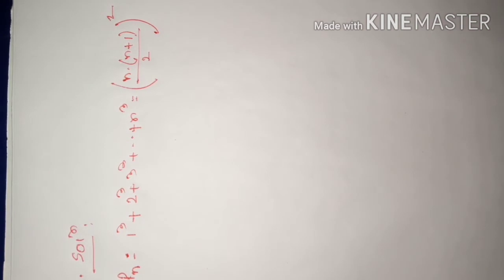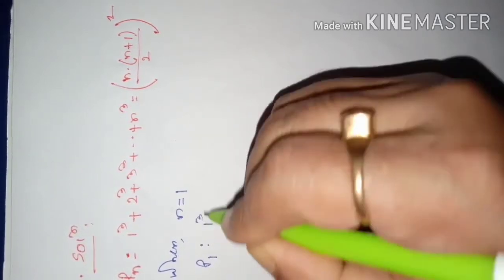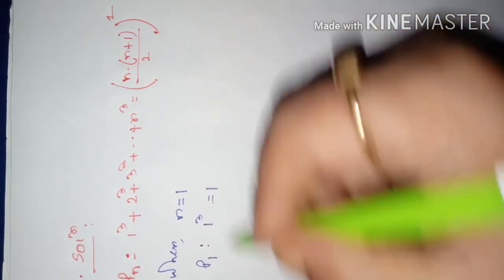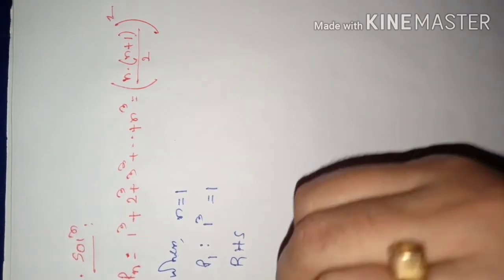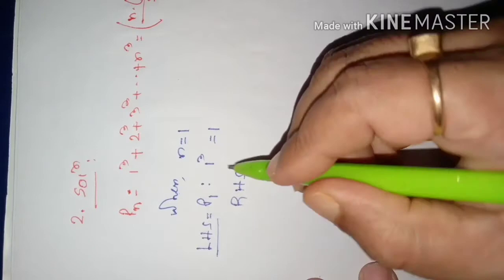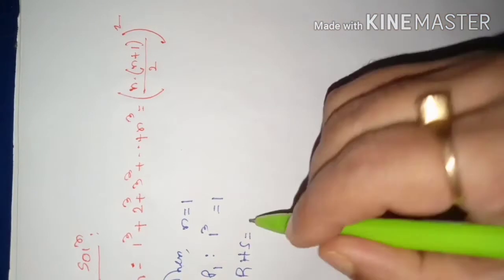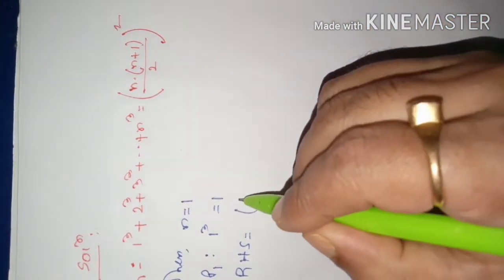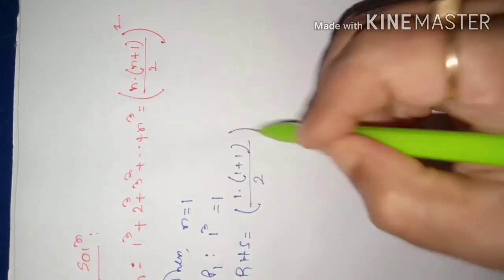So what was our first work? Always you verify whether the given statement is correct for n equal to 1 or not. When n equal to 1, then P1 is 1 cube, left hand side is equal to 1. Right hand side will be, here you put 1 in the right hand side, you verify it, so it will be 1 into 1 plus 1 by 2, the whole square.